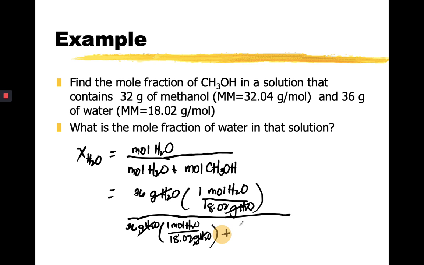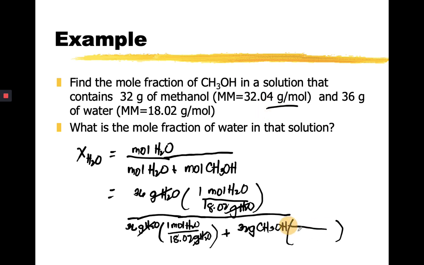So from our given, we have 32 grams of methanol, 32 grams CH3OH, and then we need to convert it into the number of moles, so we can use the molar mass of methanol.